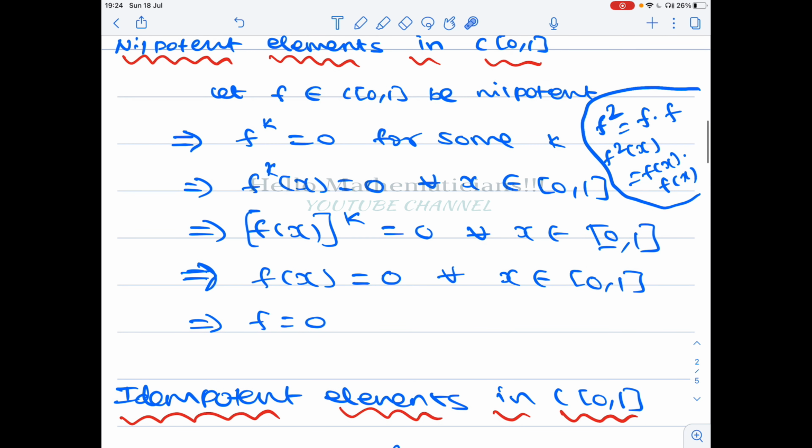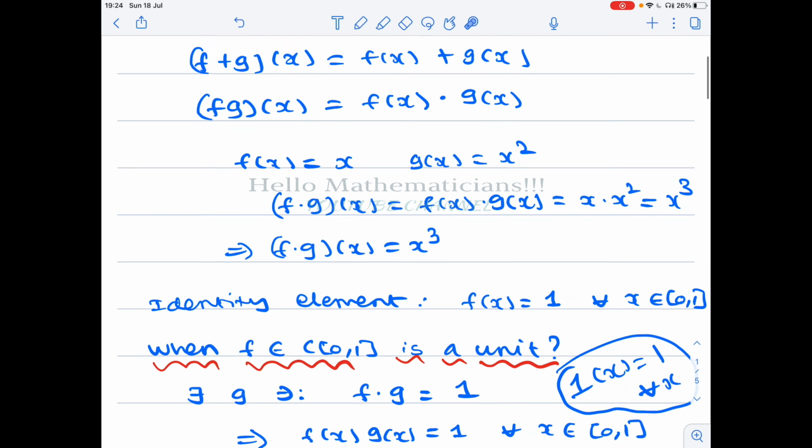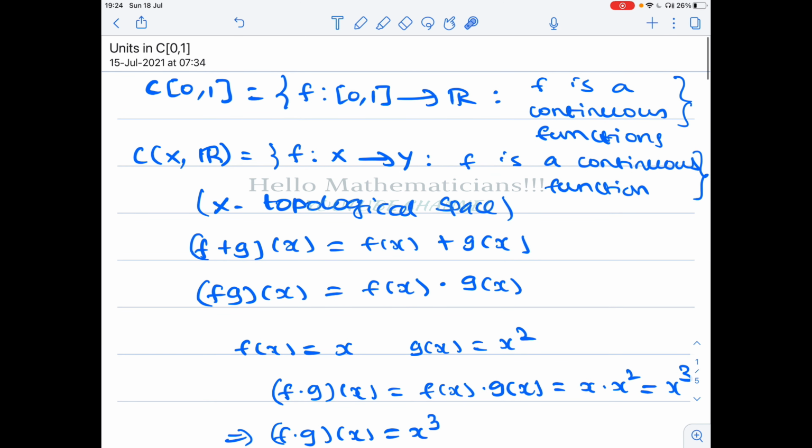Now this is a real-valued continuous function, therefore the codomain is R. If a real number has its kth power equal to 0, then the number itself has to be 0. Sometimes we consider C(X, R) where R is an arbitrary ring, not necessarily a field.